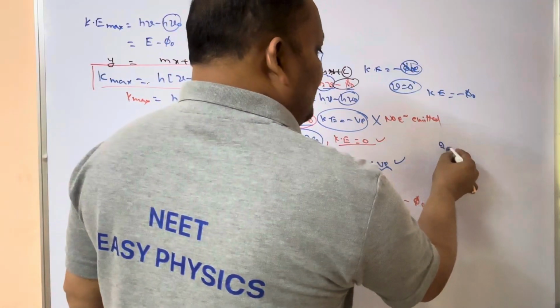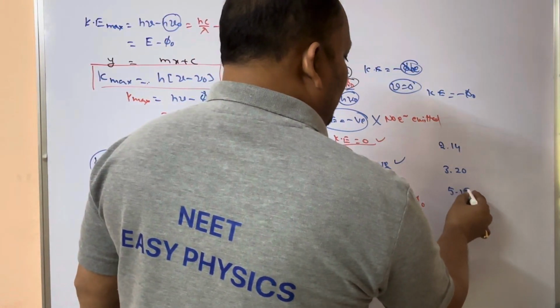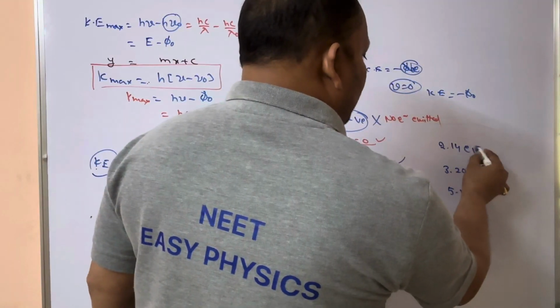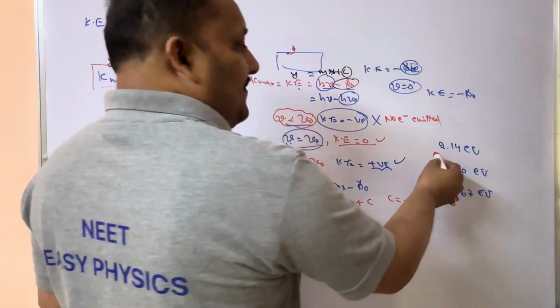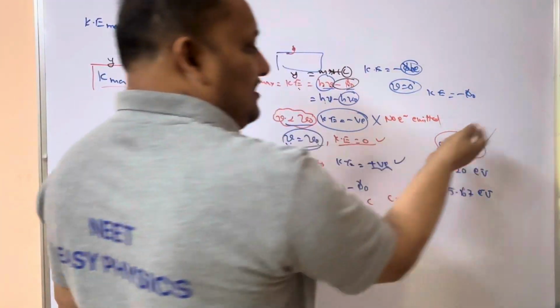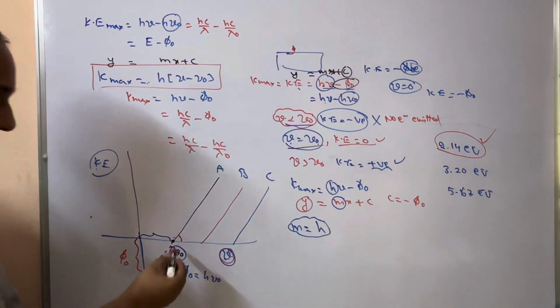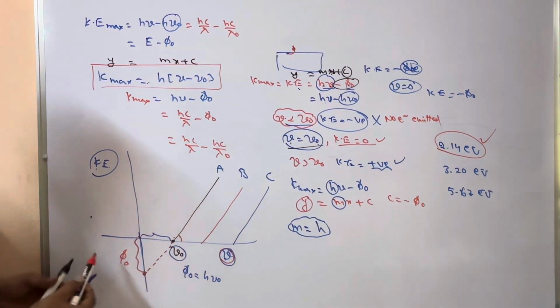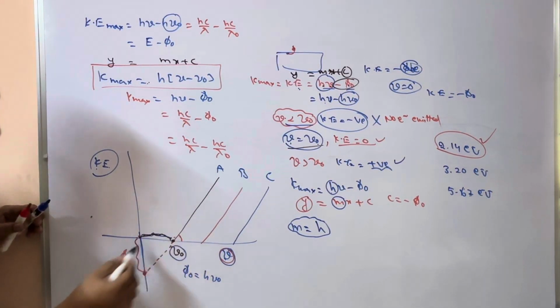I am giving some values here, 2.14, 3.20, 5.14 or 6.7 eV. Three work functions I give. So from which metal surface can we remove an electron very easily? From this one, because less energy is required. Therefore, that is the best metal surface. So among all these, which is having least threshold frequency or work function, this one if you are taking.